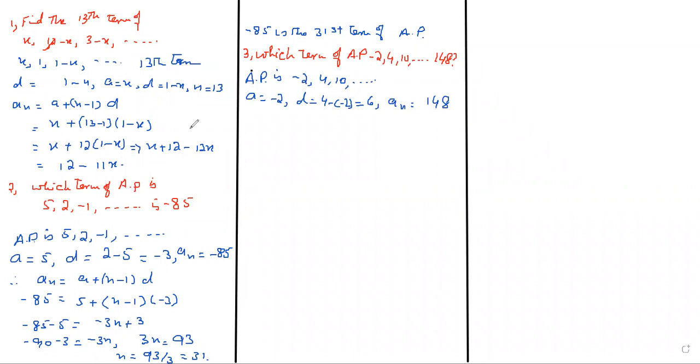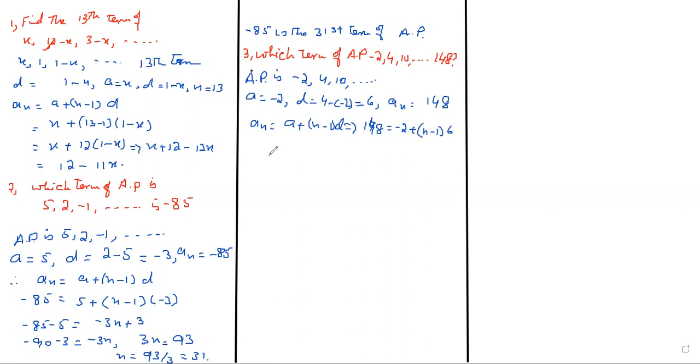Now using the formula an equals to a plus n minus 1 times d and putting the values implies 148 equals to a is minus 2 plus n minus 1 and d's value is 6.